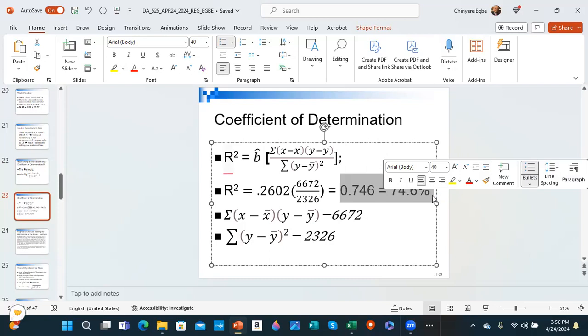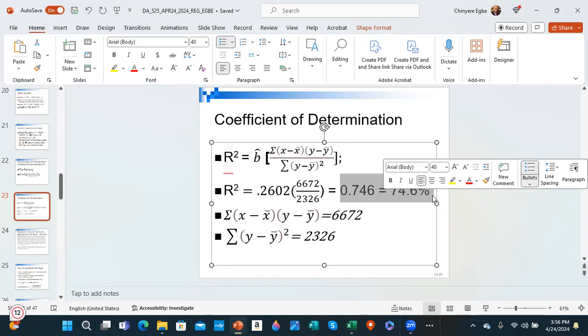And so we find out that 74.6% of sales is explained by the number of sales calls. So there is 25.4% that is not explained by sales calls. That could be the result of other factors, like the personality of the salesperson, the needs of the customers, their preferences, and the capability of the customers.